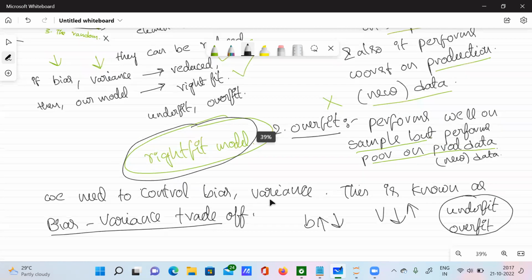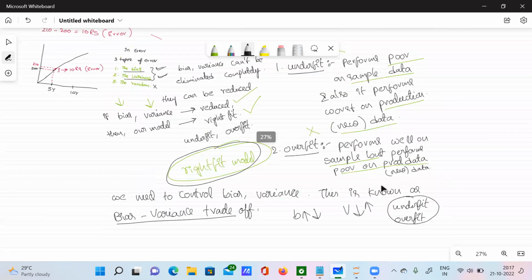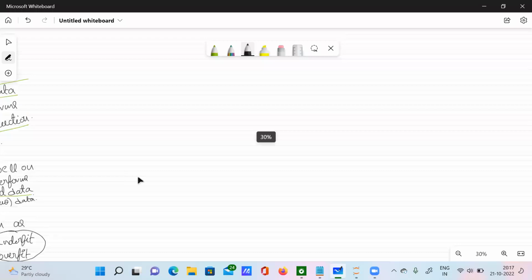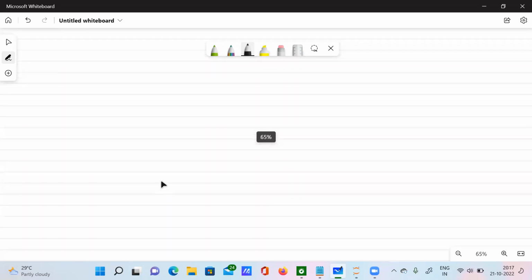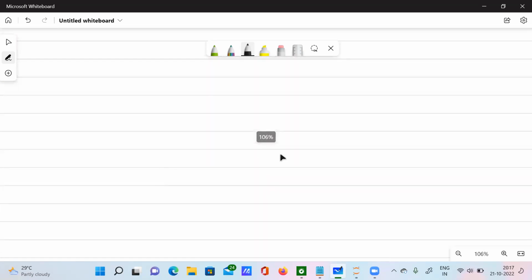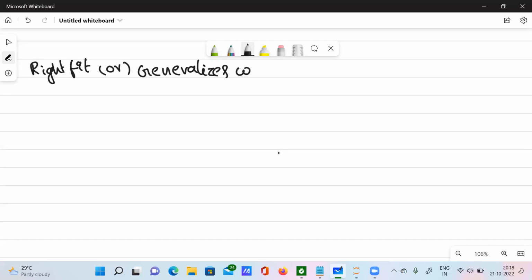See here, I have already used one terminology, that is the right fit. We can also say that it generalizes well. Both terms are absolutely acceptable. Why?